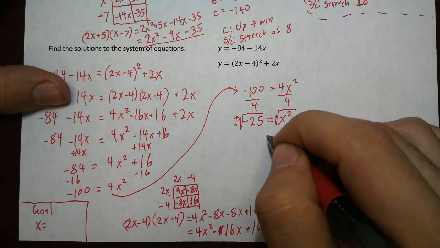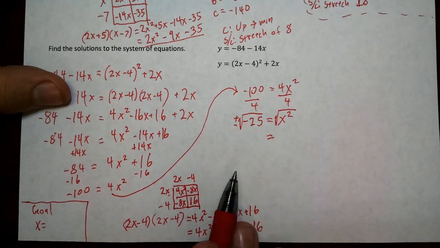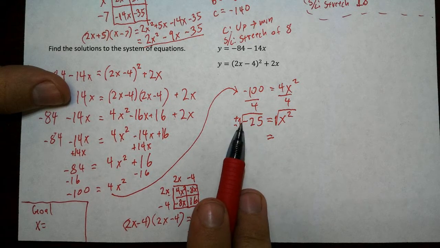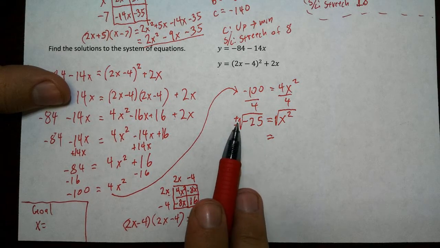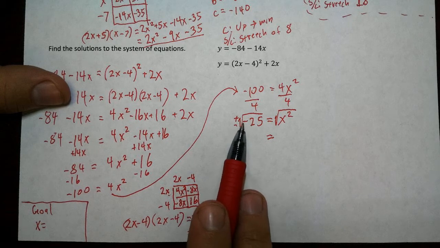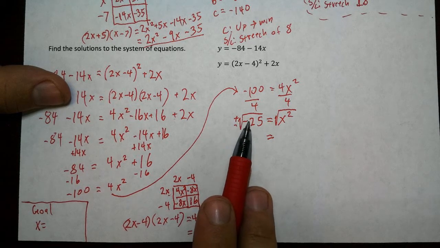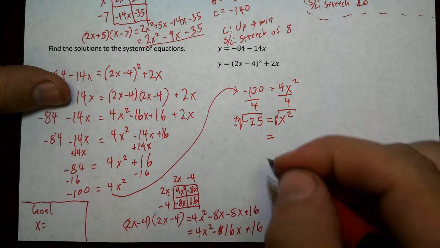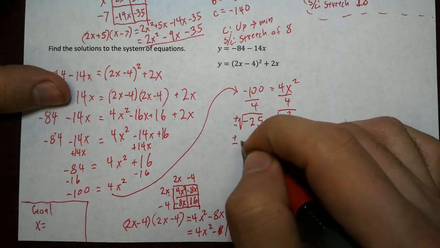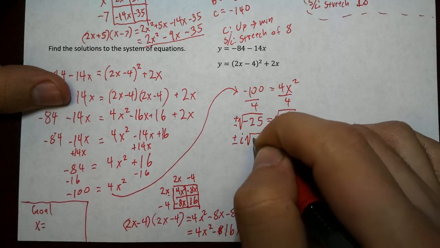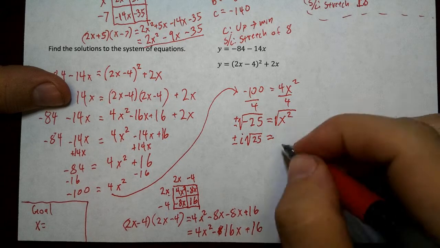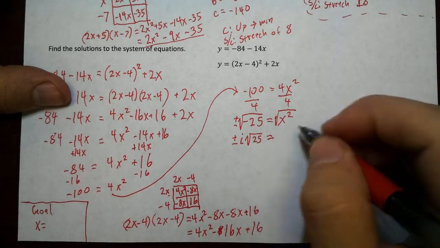Now, I'm going to make a more advanced jump. Instead of showing how we pull out the negative 1 and then we eventually separate that from the radical and the square root of negative 1 is i, I'm just going to pull the i out altogether. So plus or minus i times the square root of 25.